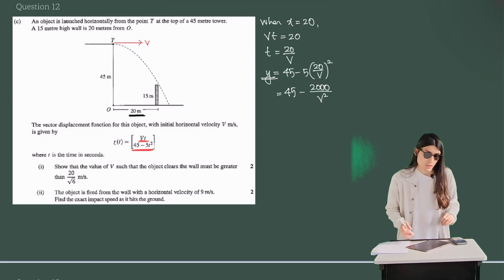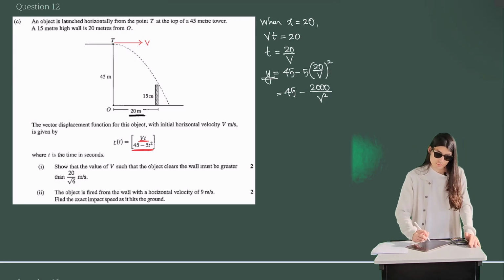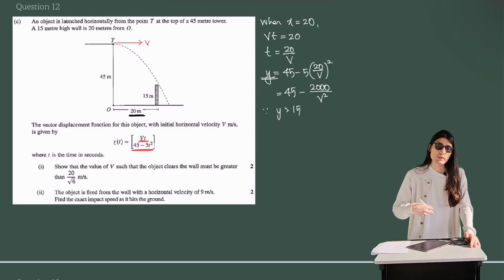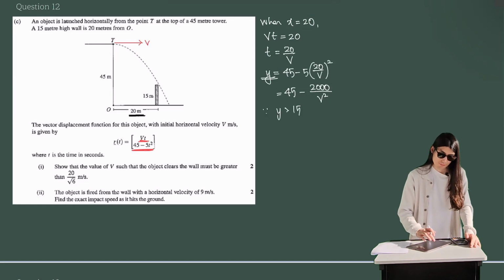And of course, for the projectile to clear the wall, this y-coordinate would need to be greater than 15, wouldn't it? Why? Because the wall is 15 meters high.